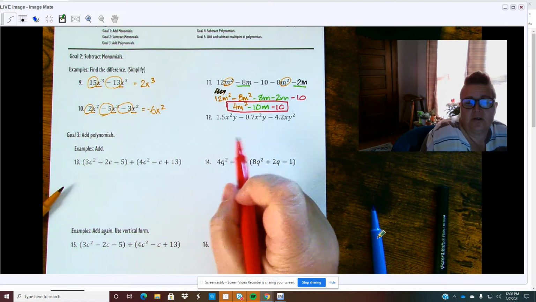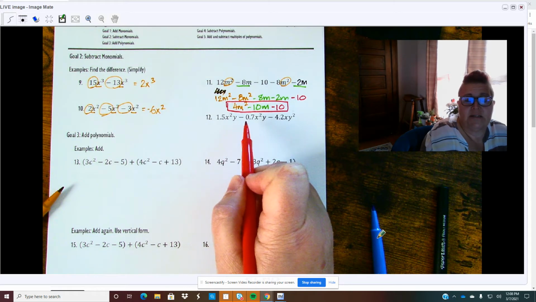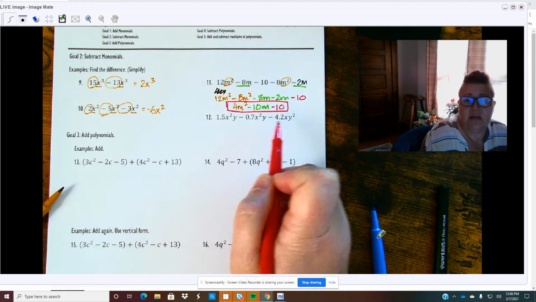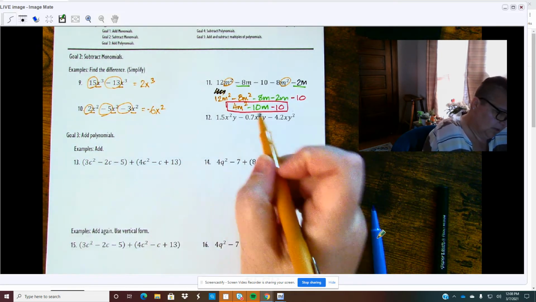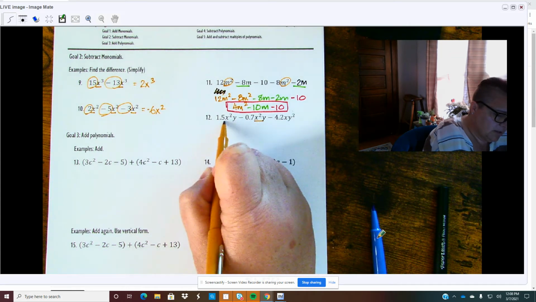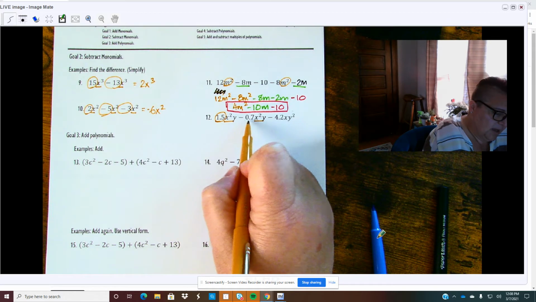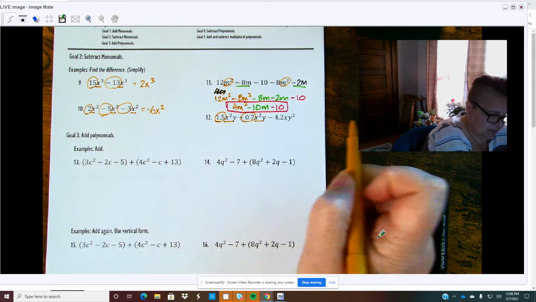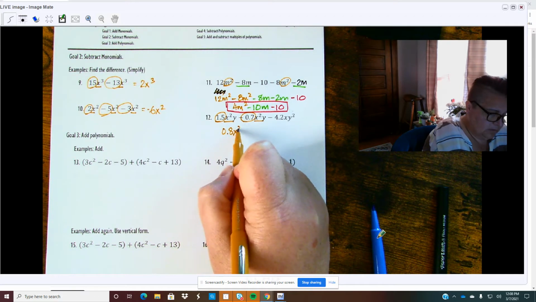All right. Problem number 12, I have a 1.5x squared y minus 0.7x squared y minus 4.2xy squared. Okay, I'm going to go careful here. Got an x squared y and, okay, so these two are exactly the same, meaning I can do the 1.5 minus 0.7. That's going to be 0.8x squared y.